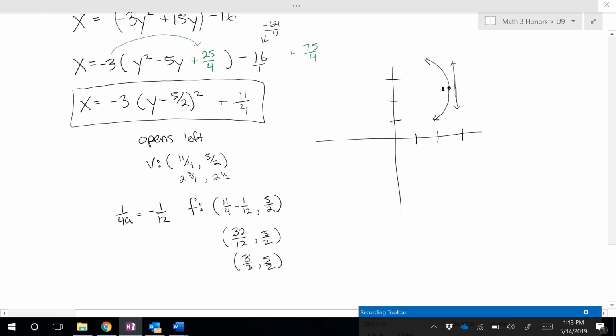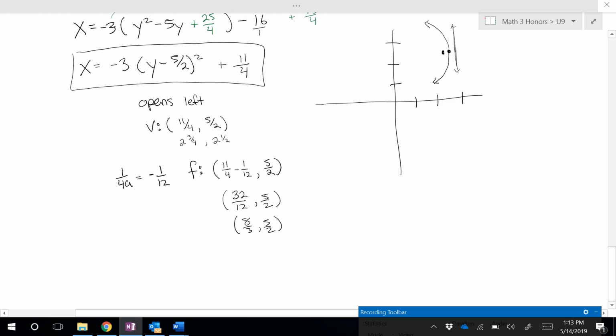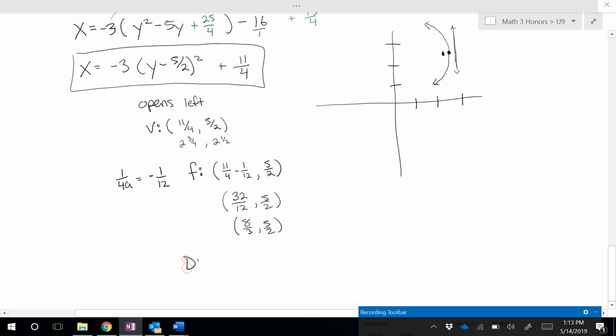Okay, so that's our focus. Directrix is x equals 11/4 plus 1/12, which is 17 over 6.